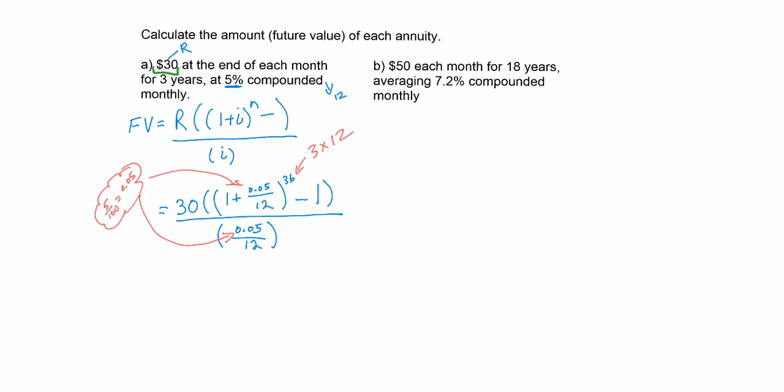The top half of the equation, what we're going to do is start by multiplying 30, then we're going to type in bracket 1 plus 0.05, and this part here means divide by 12. So I'm actually going to write that out as how you would write that on your calculator.